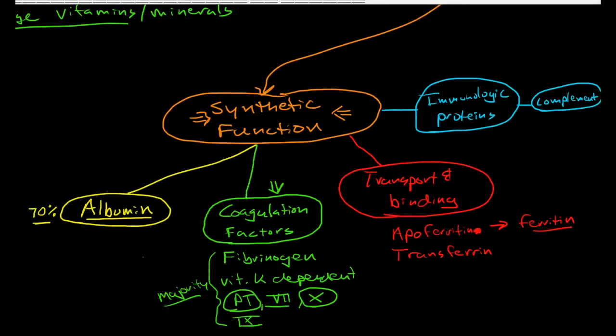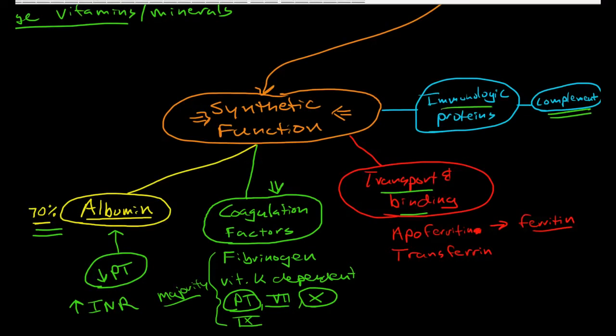And it's not that prothrombin is the only important protein that the liver makes. It's that it is a marker for loss of all of these. So if you have a patient with liver failure that has a significantly elevated INR, you can also expect that they're going to have impaired albumin, they're going to have issues with transport and binding proteins, and they're going to have loss of immunologic proteins.